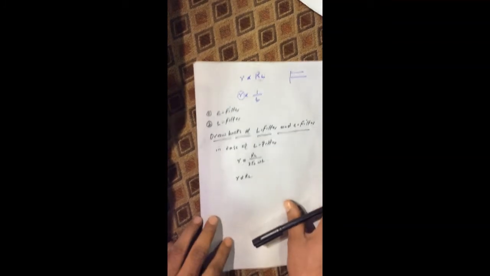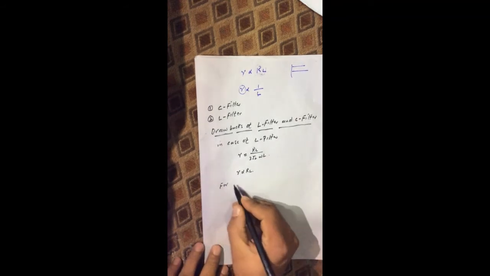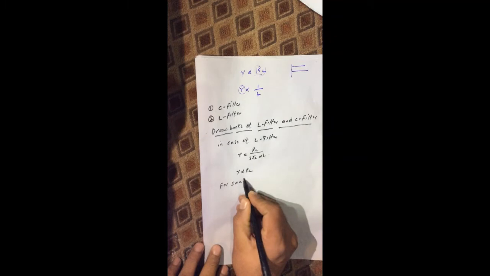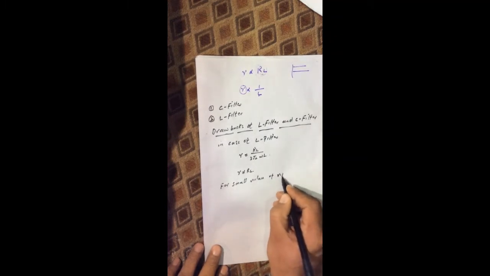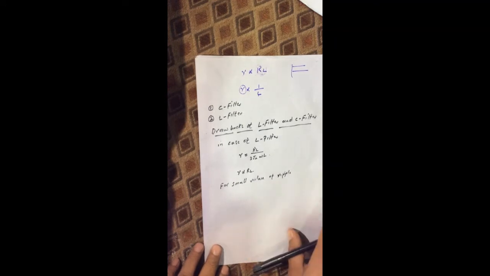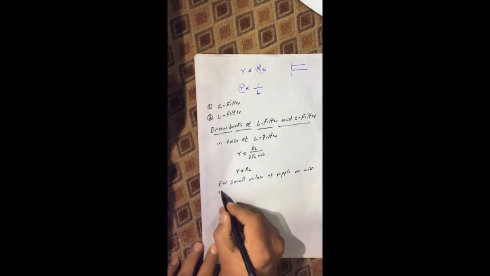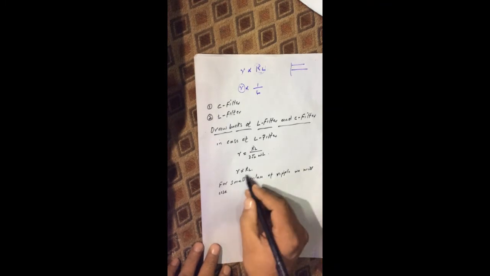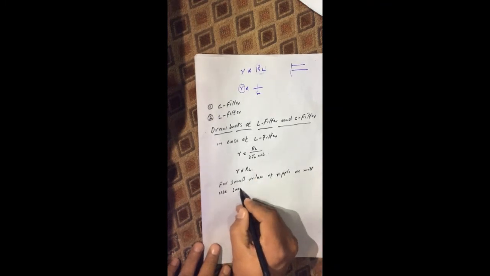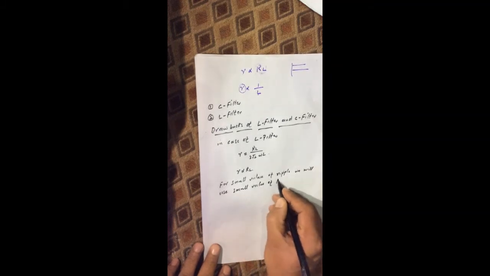So, in order to get a small value of ripple, a small value of gamma, we will use a small value of load resistance RL.